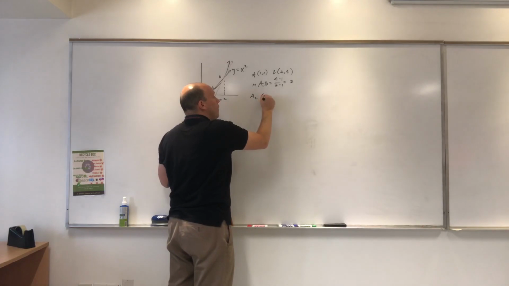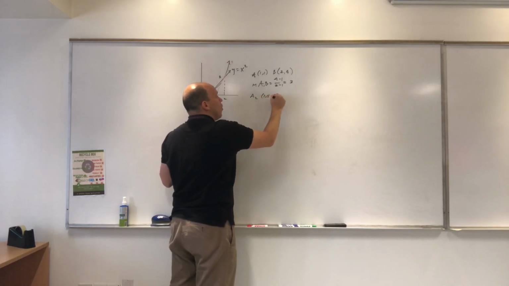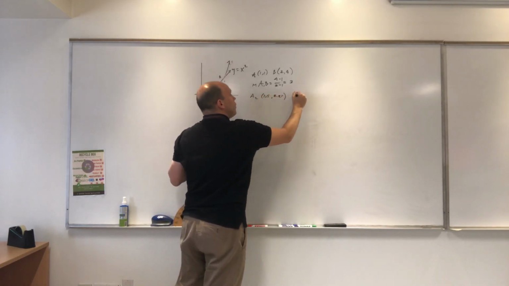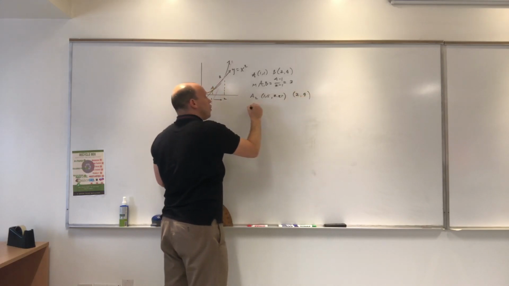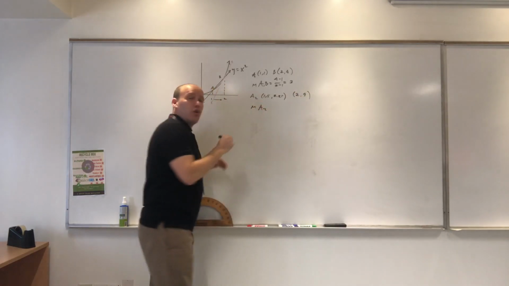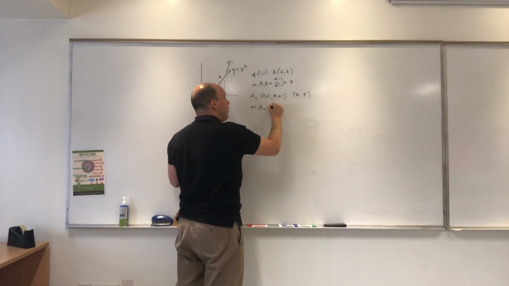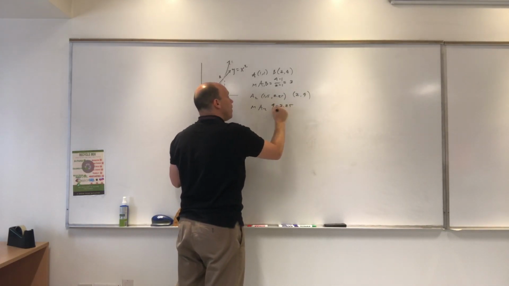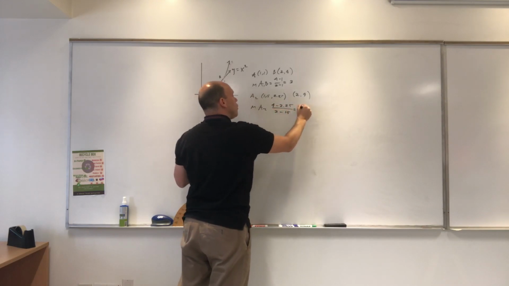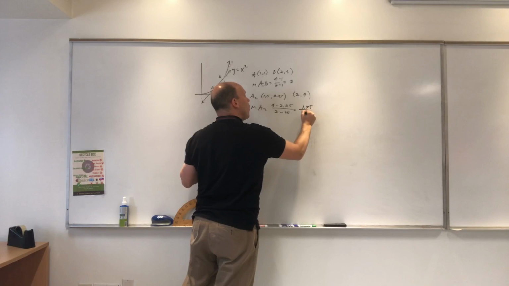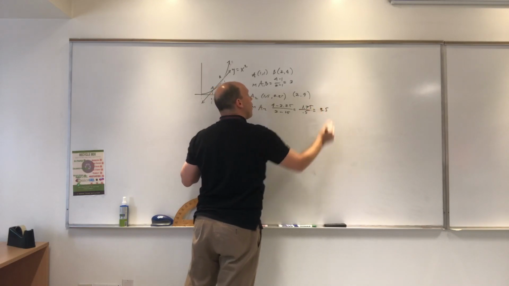So we know that 1.5 squared is 2.25, and 2, 4. So the slope between the second point, which was closer to B, and B is 4 minus 2.25 over 2 minus 1.5, which is 1.75 over 0.5, and that's 3.5.